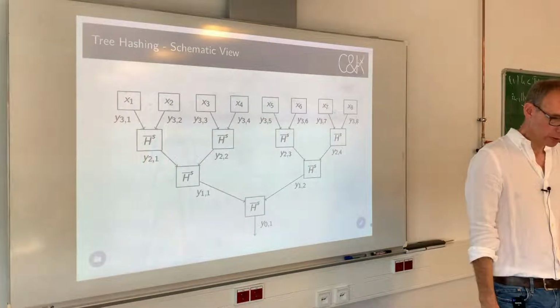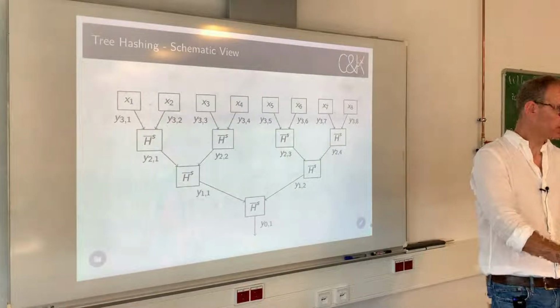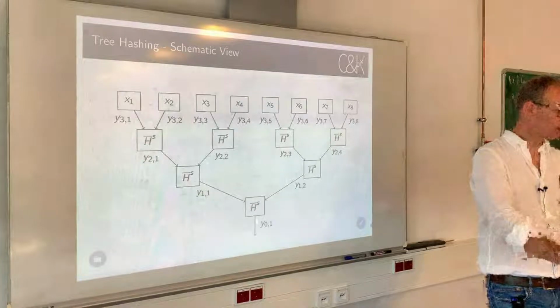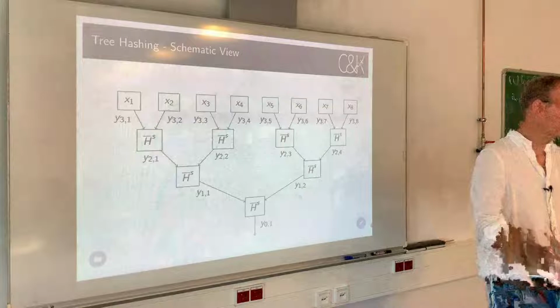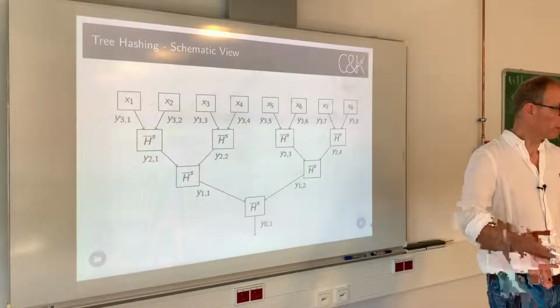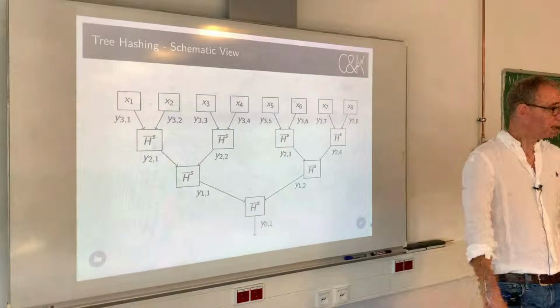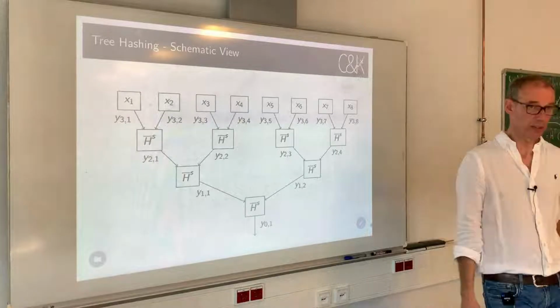You should also see that this is very similar to the tree construction in the refreshing with digital signatures. So this is a really important construction, independent of this application, in going from fixed length hash functions to arbitrary length hash functions.